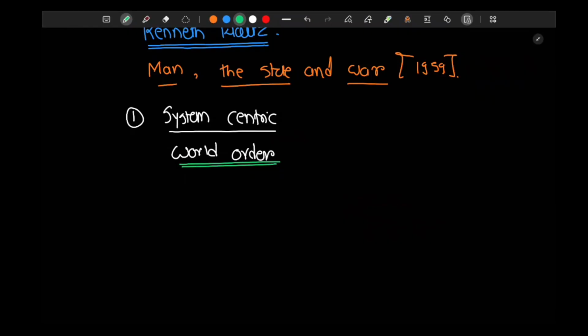So what is the system-centric perspective of international politics? You study world order. What is the system-centric perspective? Study of world order.